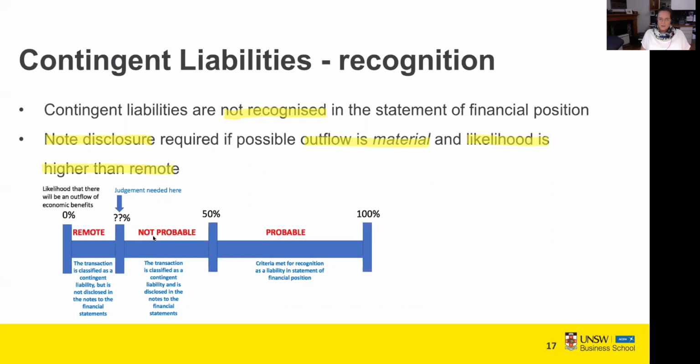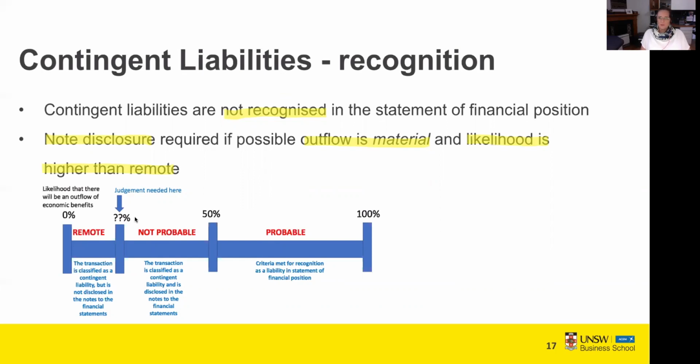Unfortunately, the standard doesn't tell us when something moves from being not probable to being remote. We can't quantify it in terms of 5%, 10%, 20%. We're not sure. We have to use our judgment.